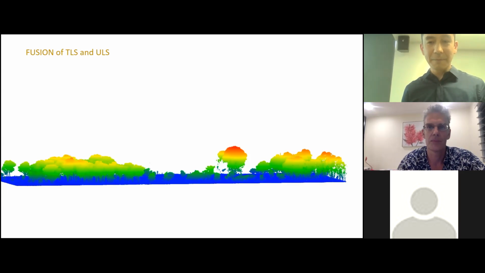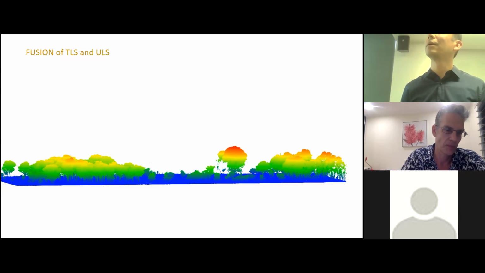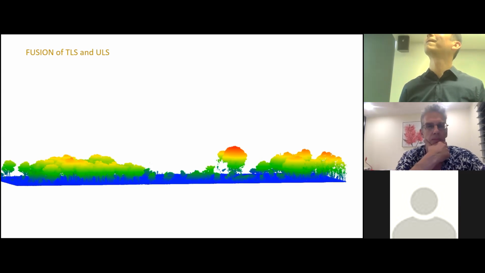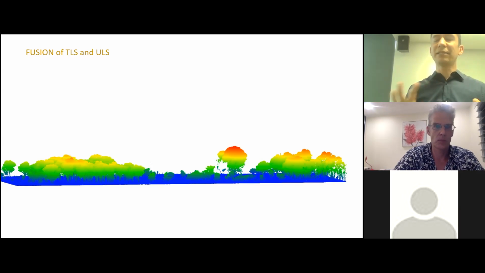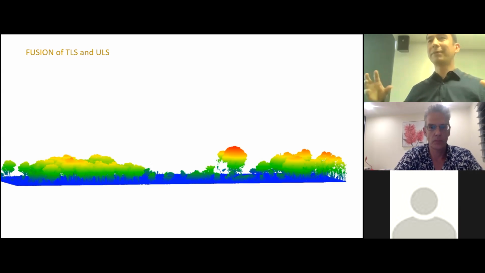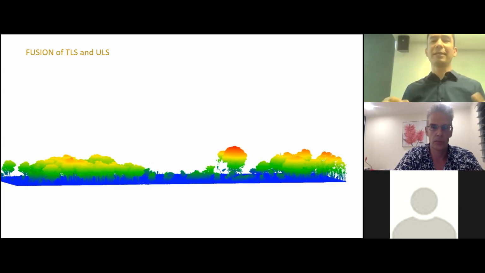You can just choose stones, also different objects. How can you identify especially the trees? Yeah, you mean individual trees? I didn't identify individual trees because eucalypt has a very sparse point cloud, very sparse branches, and it's very difficult to delineate individual trees.